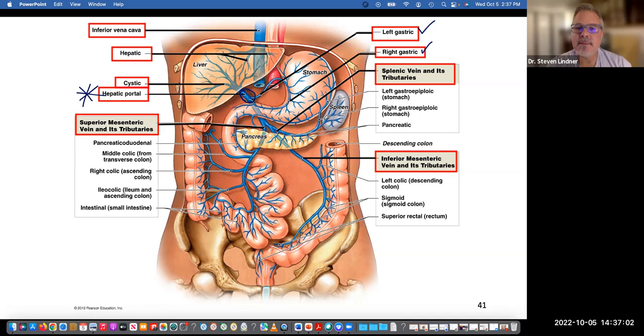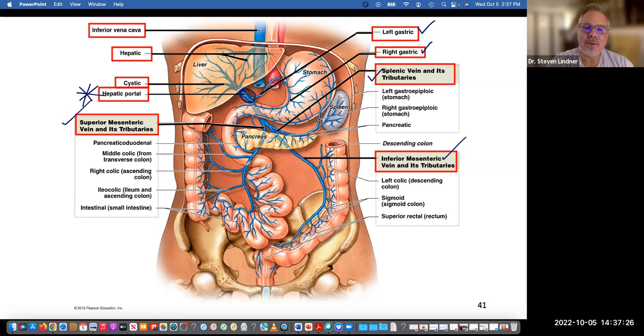Here's the spleen. So we see the splenic vein, the splenic tributaries to that. Here is the inferior mesenteric. So we see the inferior mesenteric vein leading into that. We see a superior mesenteric leading into that.